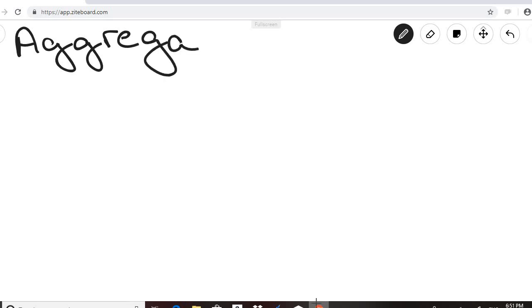Sponges have different body types, and we don't have time to go into all of those, so we're just going to cover general principles. So a couple things that you will see in sponges. The first is called aggregation. If a sponge gets broken up into fragments, it will reform itself.